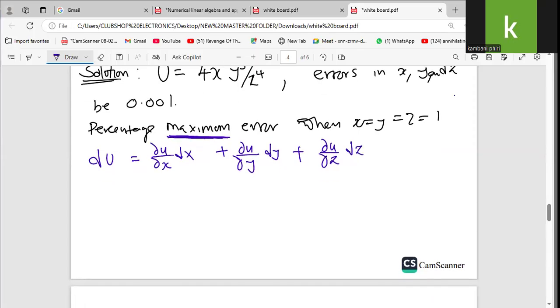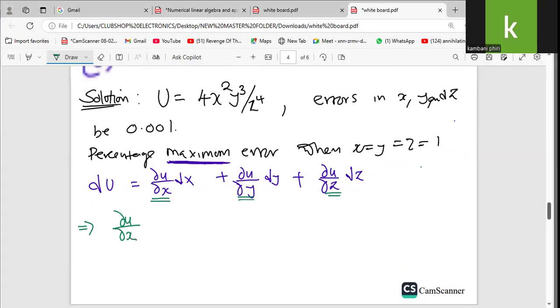Now we need to determine these three partial derivatives.